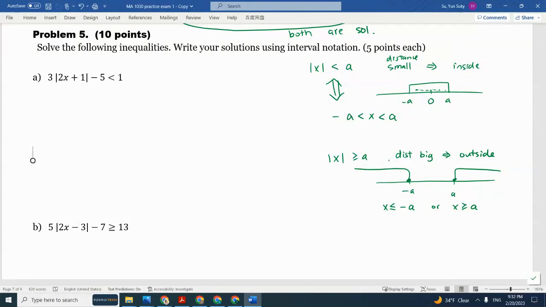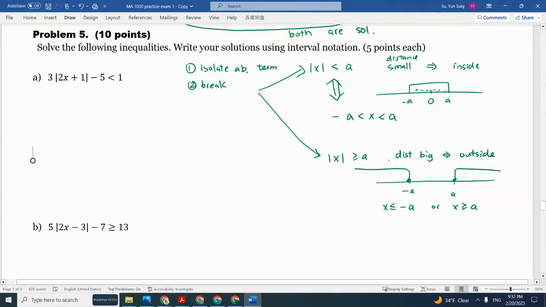So, isolate the absolute value term. When you break the inequality, you follow these rules. So first, let's isolate it.